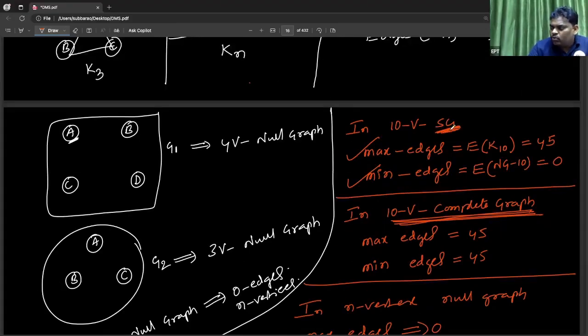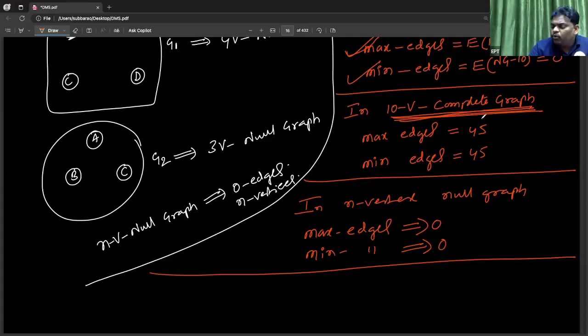Simple graph means no self loop, no parallel edges. You draw whatever way you want. If you keep more edges everywhere, maximum will come. If you keep fewer edges everywhere, minimum will come. This is the only interesting part. Remaining things are fixed. Complete means full. Null means nothing. Null means nothing, complete means everything.